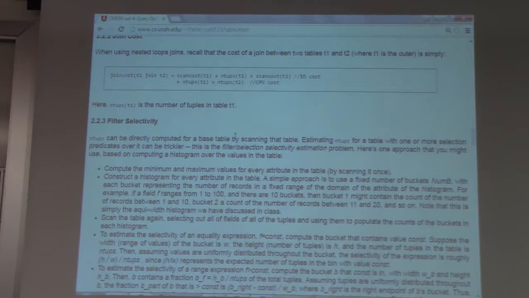Does that make sense? This dramatically simplifies the job of your optimizer because you don't have to worry about what if I use hash join, page nested loop join, or block nested loop join. You're always going to use simple nested loop join as your join operator. Which means estimating the cost becomes really, really simple.